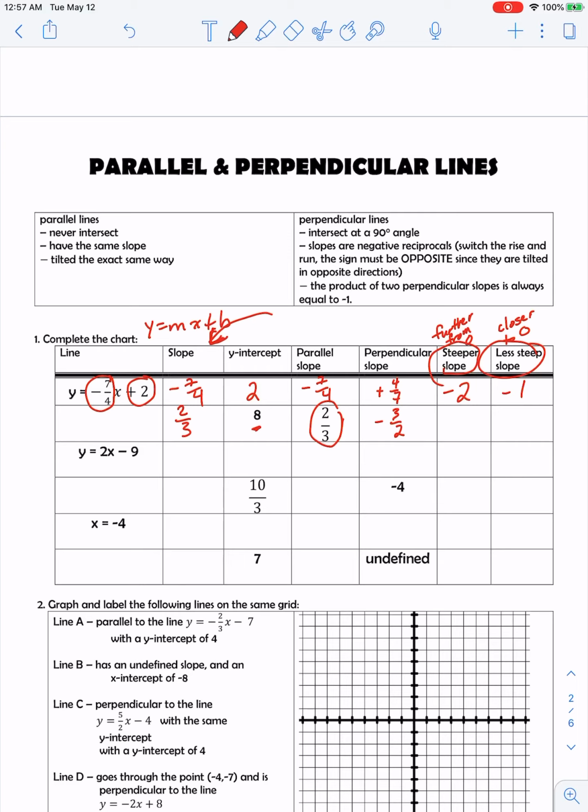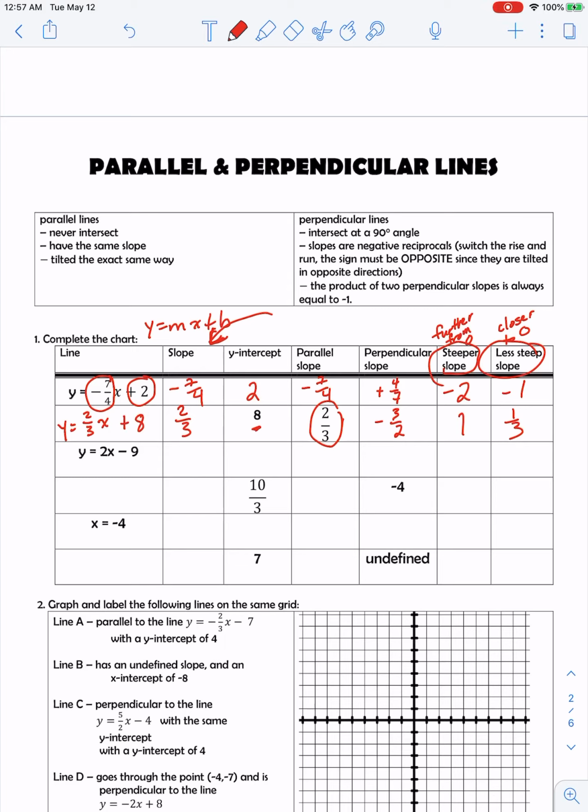So, steeper than 2/3, anything further away from 0 than 2/3. So 1 is further away from 0. Closer to 0 would be 1/3. Again, the answers in these last two columns, you can pick whatever numbers you want. And the equation, since the slope is 2/3, that'll be y equals 2/3 x, and the y-intercept is 8, so that'll be y equals 2/3 x plus 8.